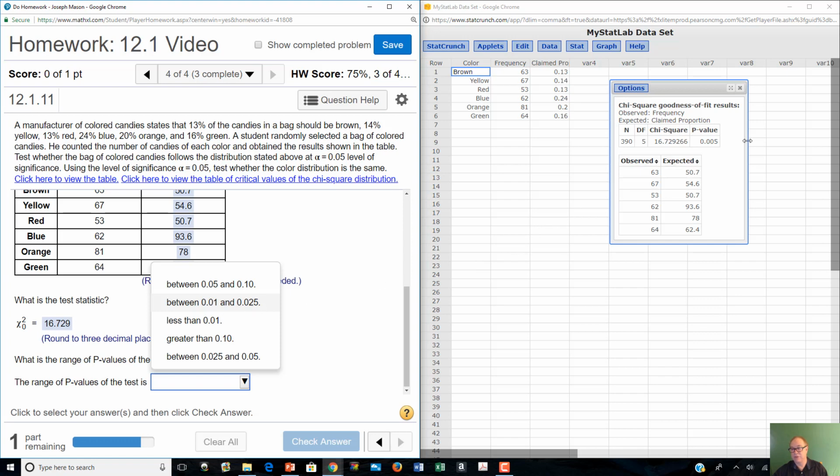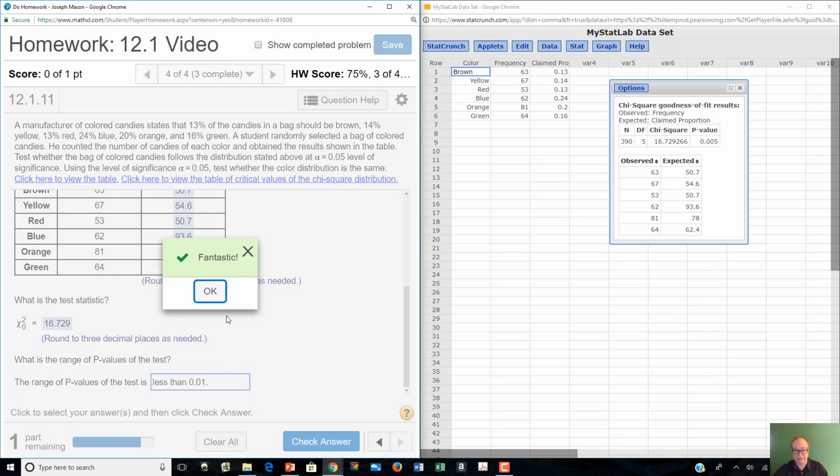So this would not be between 10 and 25. Less than 0.01? Well, yes, it's less than 0.01. Greater than this? No. Between this? No. So it looks like it's going to be this one. Let's see. We got it right this time. Okay, so that's going to be trickier than just putting the p-value in.